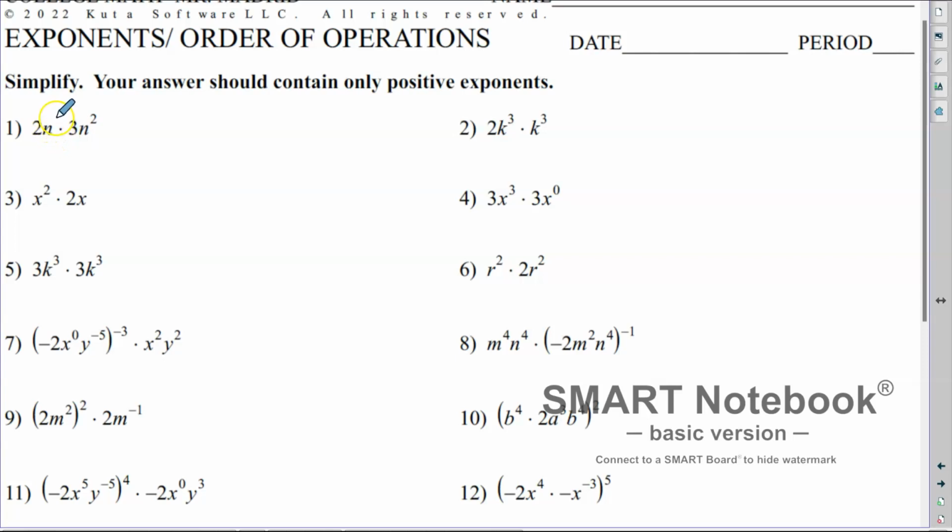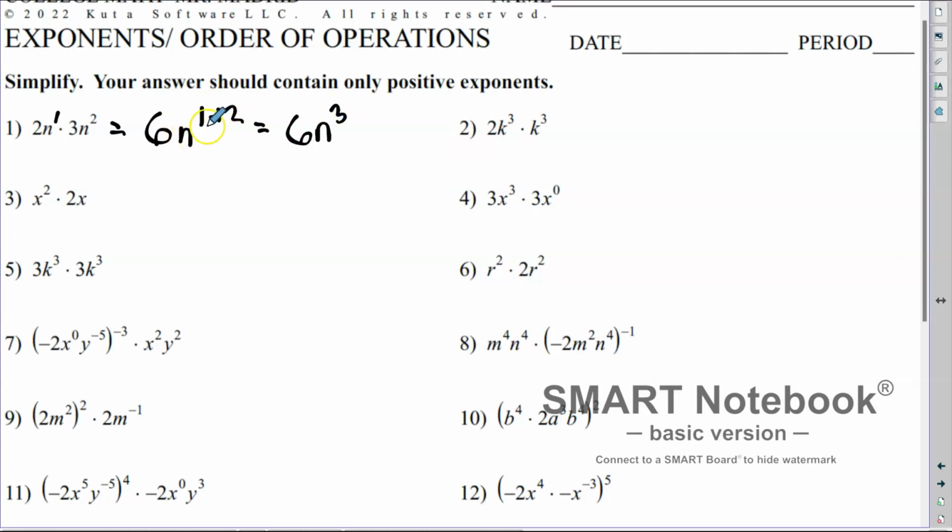You would remember that when you have a variable and no exponent, it's implied to be a 1. We multiply the coefficients: we've got 6, and n to the first times n squared means you add the exponents. So you have 6n cubed.